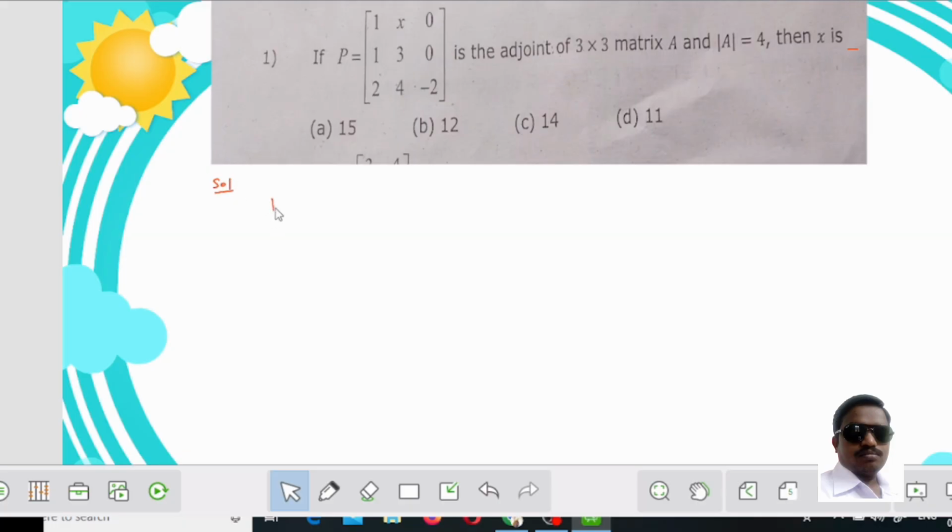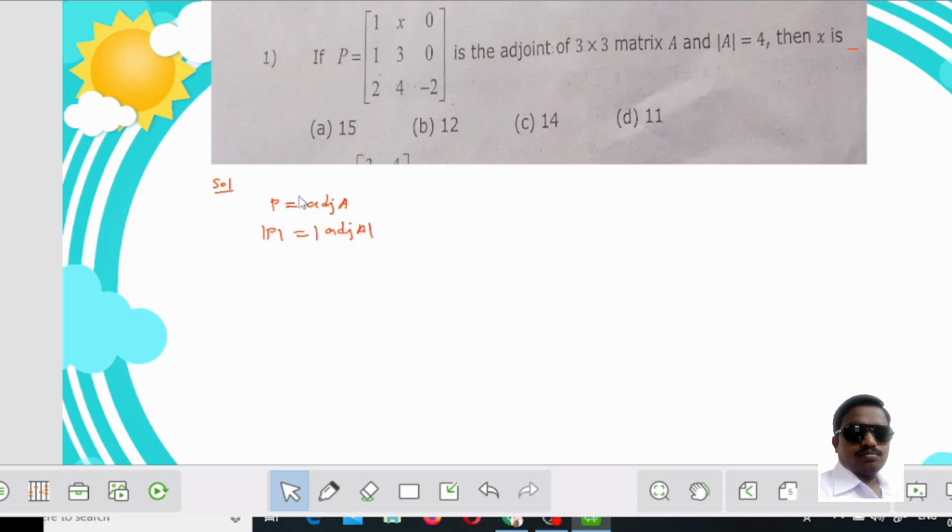P is equal to adjoint of A. This is the statement they are giving. P is the matrix 1 x 0, 1 3 0, 2 4 minus 2. Now taking determinant on both sides, determinant of P equal to determinant of adjoint A. Now, what is determinant of P?